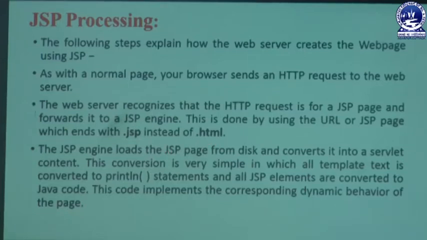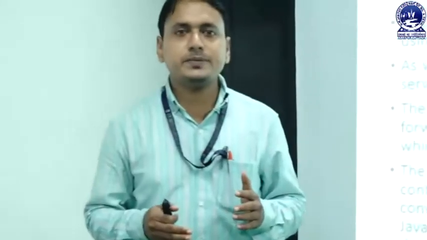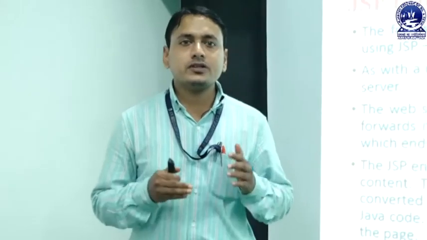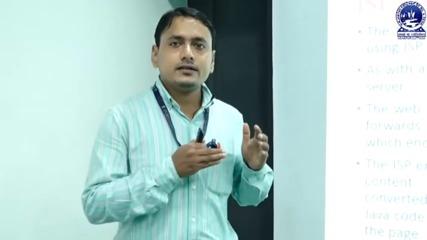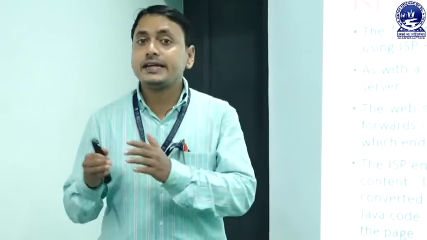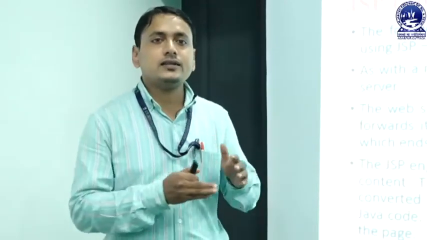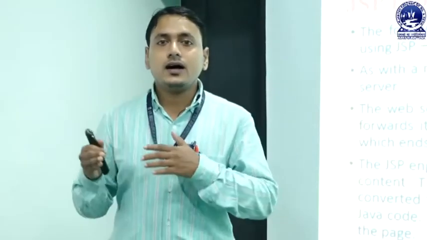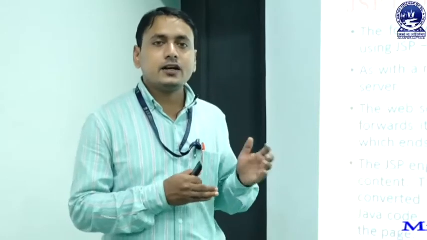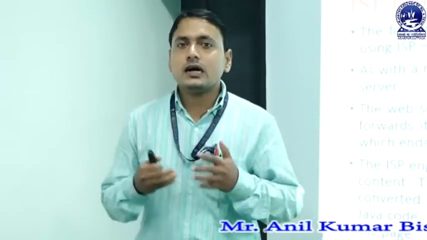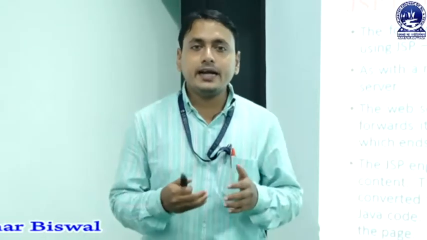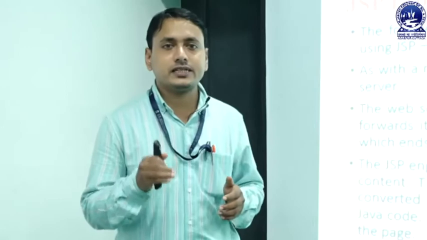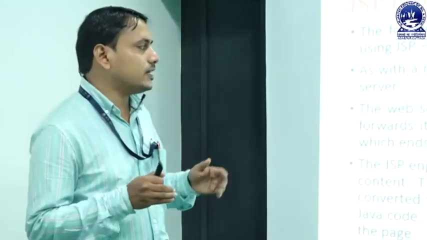As we already discussed in the previous slide, whenever a user wants to create a JSP related web page, we must create that JSP page with a specific extension, known as .jsp instead of .html. The .html extension is used for creating a normal HTML web page, meaning a static web page. But if you want to create a dynamic web page, we must save it with the .jsp extension in our file.